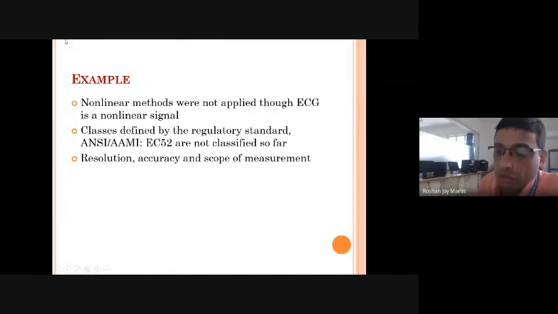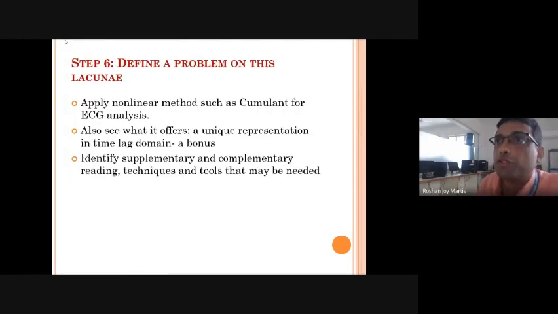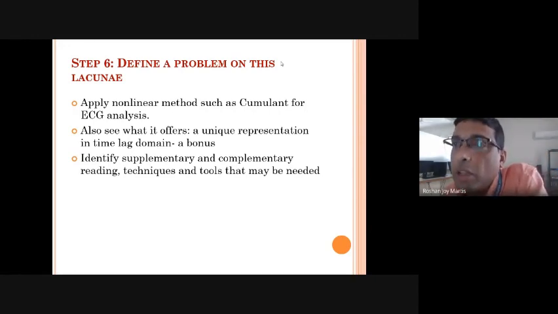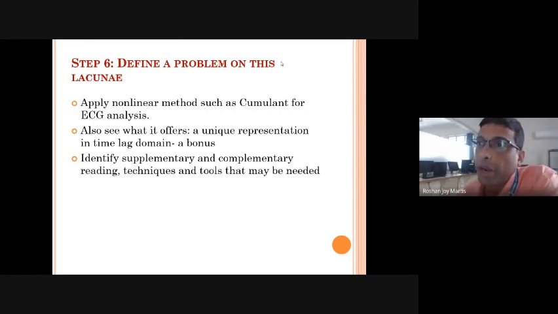Okay, so now how to solve this problem? Define the problem based on this lacuna. Okay, what drawbacks we have found, based on that we have to define a research problem. Why can nonlinear methods not be applied? Okay, we can apply them. So why have people so far not applied them? Because till that time computers were there, but high-end computers were not there, and computations were taking more time.